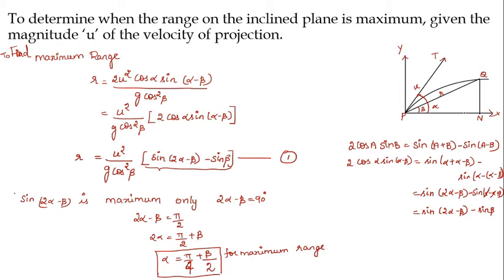Please note this diagram because we are going to see the same diagrammatic representation again. Next, we'll find what alpha minus beta is. Before that, once again I'll draw the diagram. This is my vertical line, this is my horizontal line, this is my inclined plane PQ, and this is the path of the projection.